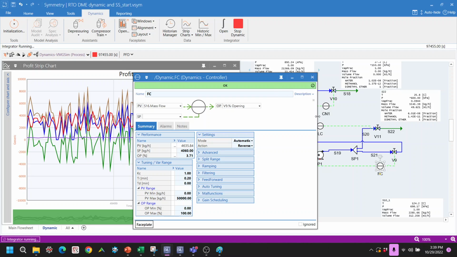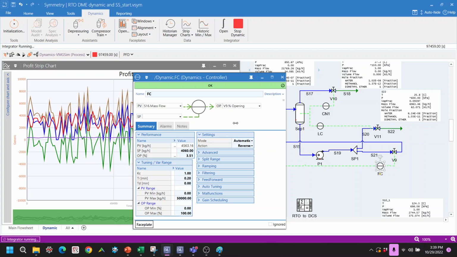Put it here so that we can see how far. So it's getting close to the set point. So we seem to be, yeah, so far so good.